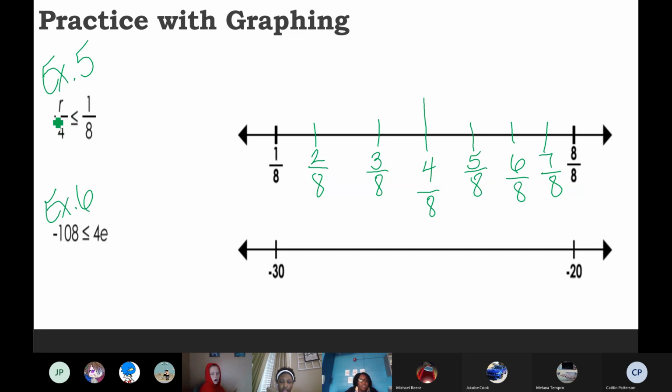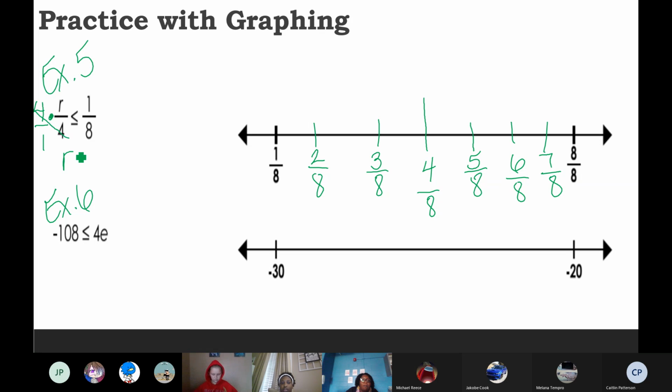Division. So the opposite of division is multiplication. I had to flip my fraction. So that's going to cancel out, okay?